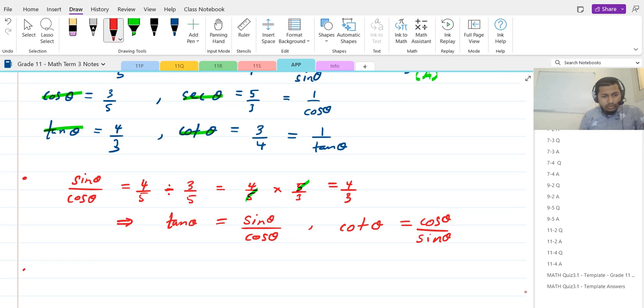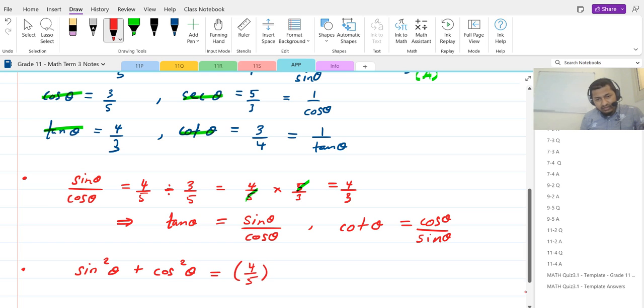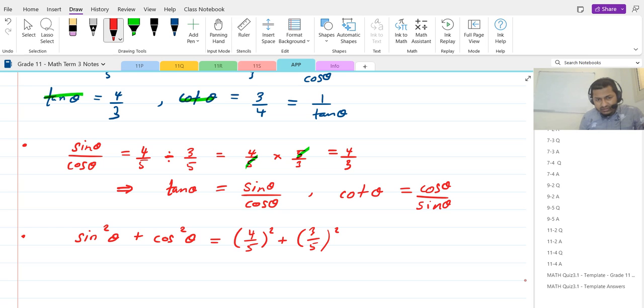Next important identity that we're going to derive is we want to know what is sine squared theta plus cos squared theta. So what is sine squared? Sine is 4 over 5, squared, plus 3 over 5 squared, which is cos theta. Now when you write a square like this, it basically means you're squaring the entire cos theta part.